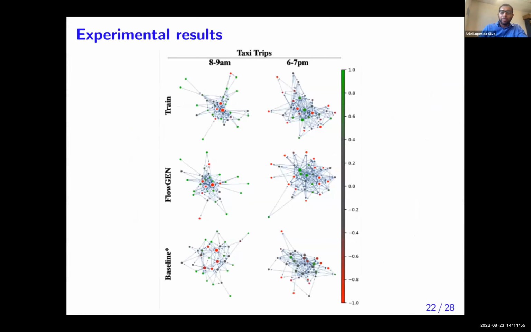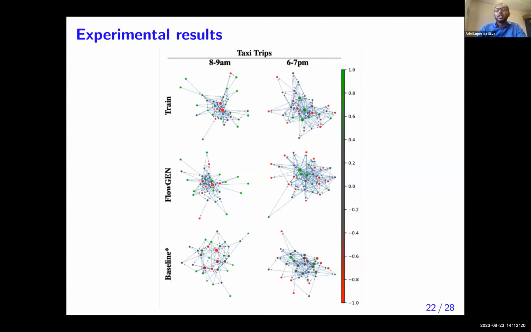Here, just to show you some examples of how this data looks like. I'm showing you here some samples from the real data set. Again, the red nodes here are sources, and the green nodes are sinks. For different times, there's a change between who is a source and who is a sink. Then these are samples generated by our model, and they capture a lot of what we expect based on the real data set, right?